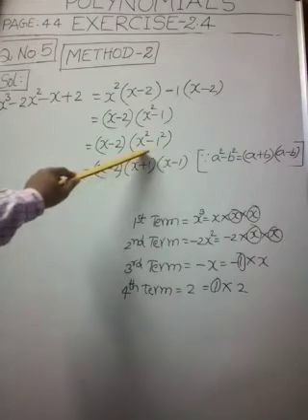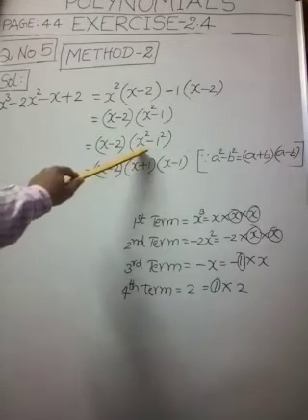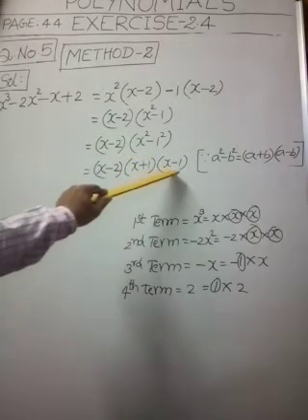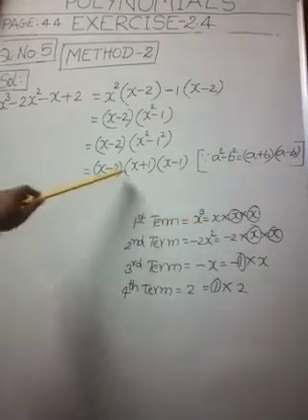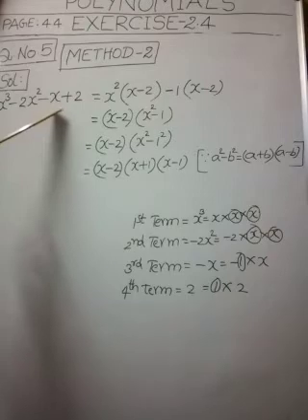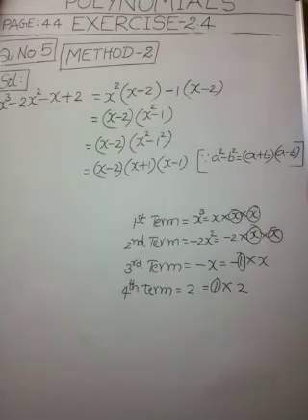Now we are writing the factors of this quadratic polynomial a plus b into a minus b by using this algebraic identity. So these three are the factors of this monic cubic polynomial. Understood, my dear children? In the first method also we are getting the same factors. In the second method also we get the same factors. Understood, my dear children? Right.